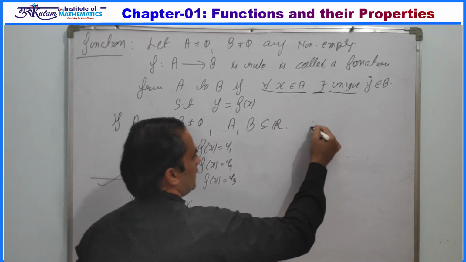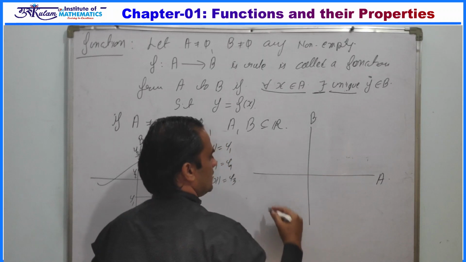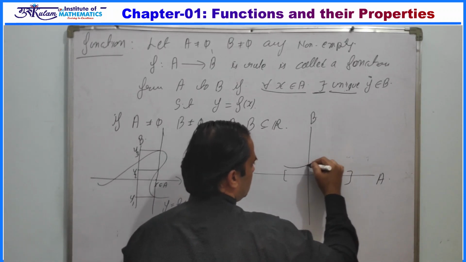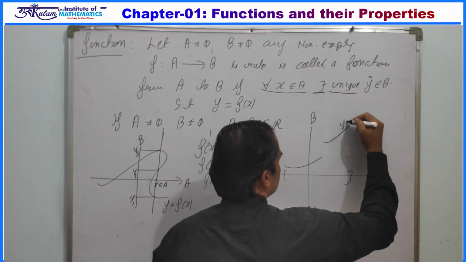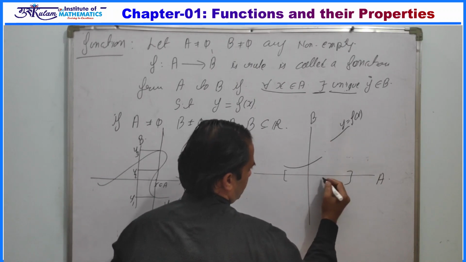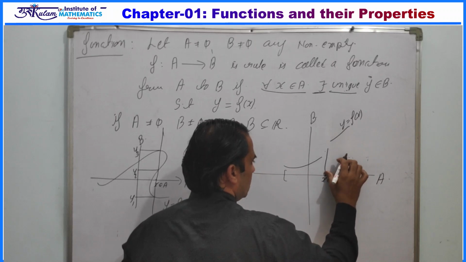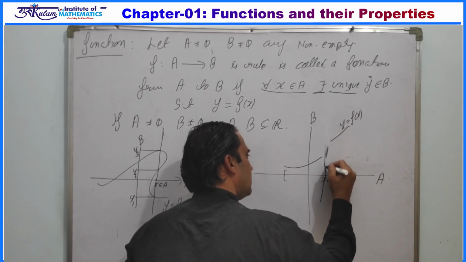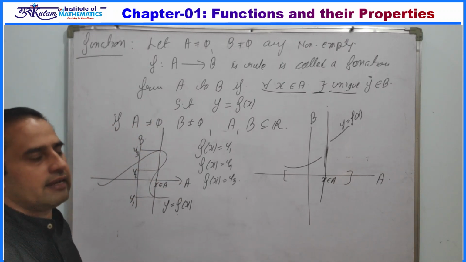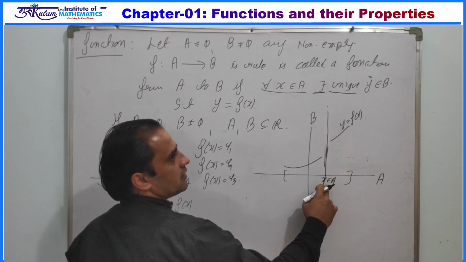Another example: again take A on the x-axis and B on the y-axis, and say A is this interval, and we define this curve y equal to f(x). If we take a point x belongs to A, then the line passing through this x and parallel to the y-axis does not intersect the curve at any point, that is, there does not exist any image of this x.